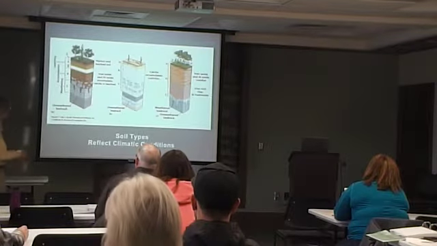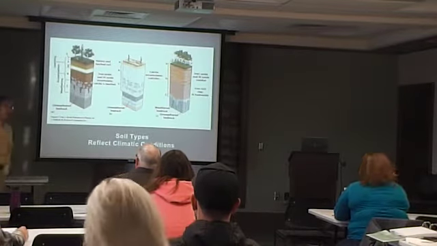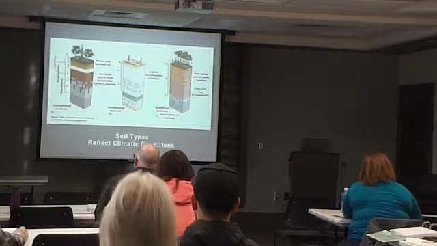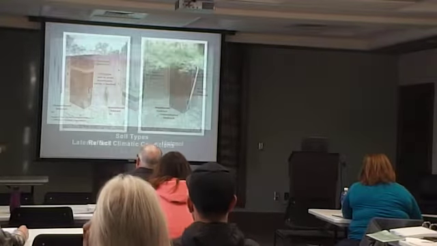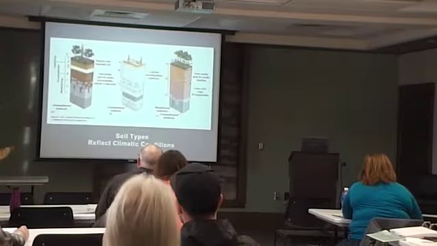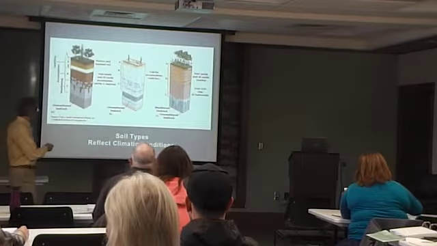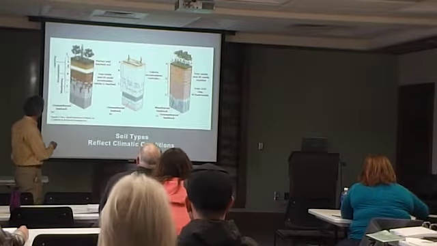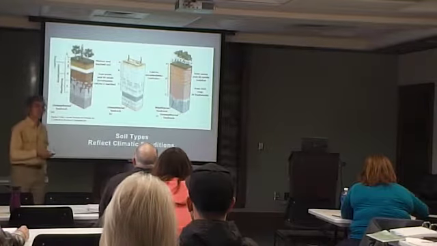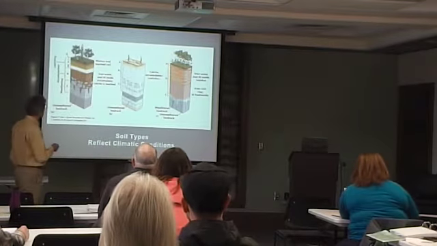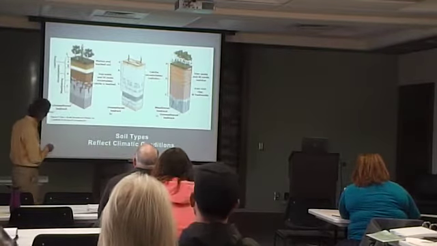Then the other extreme is a very arid environment, where you basically don't have any leached horizon, the opposite. And what happens is you have a little bit of rain.